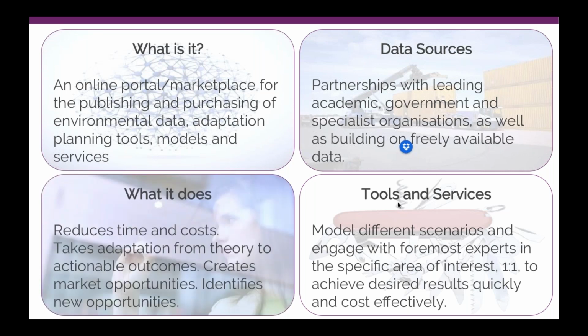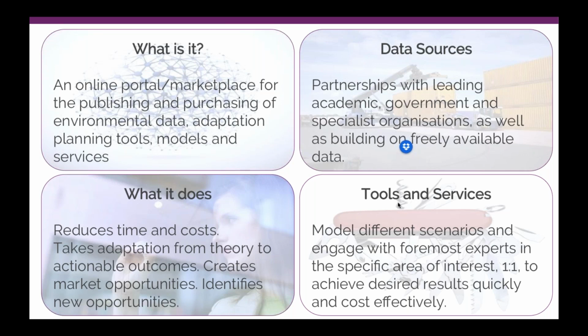So in terms of what the hub does to provide benefits, it's about reducing the time and the costs that it takes you to source data, review the data and license the data. It's about reducing the friction in the system. And the reason for that is we want to take adaptation from an academic theory into actionable outcomes.